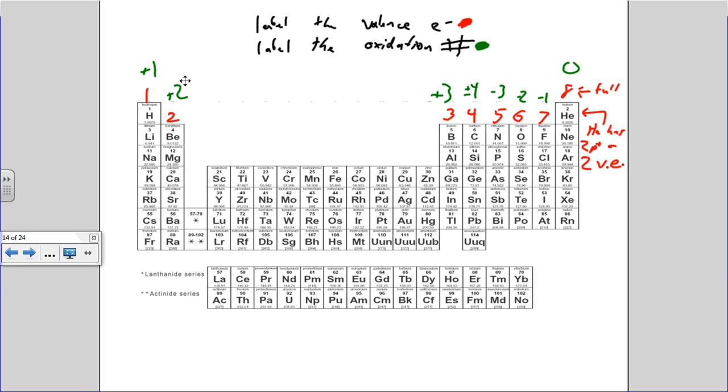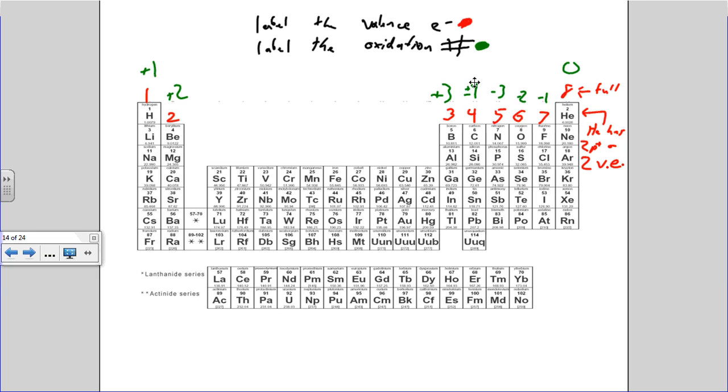So you lose negatives, you give to charity, giving away. That's a nice thing, a positive thing. So you're going to end up with a positive oxidation number. These guys over here, the nonmetals, are gaining electrons. They're stealing. Remember we said stealing is bad, so stealing is negative. So if you're stealing electrons or you're taking away electrons, you're going to end up with negatives.